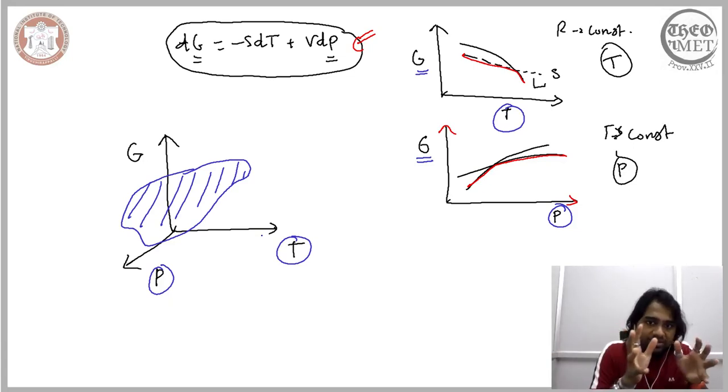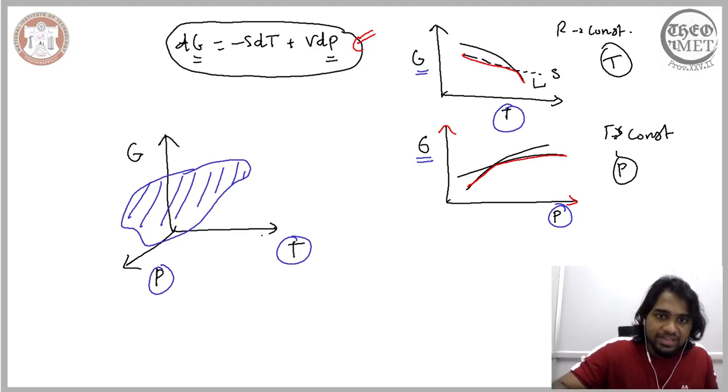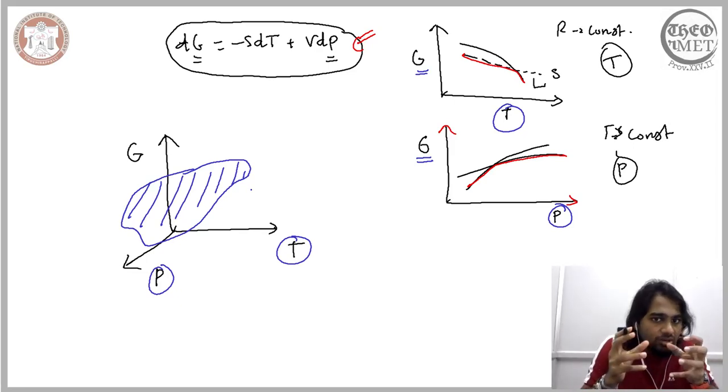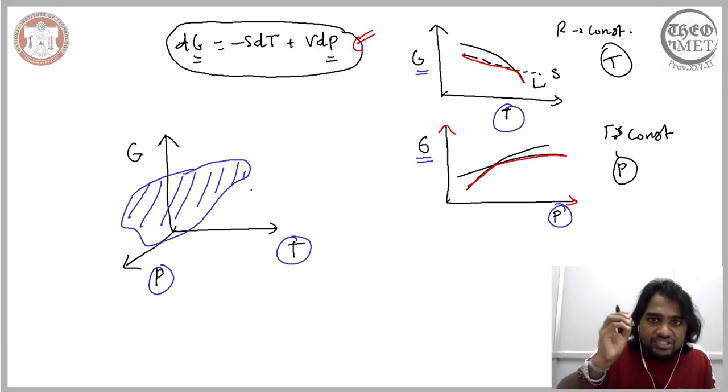The same remains true in three dimensions as well, because how Gibbs free energy is influenced by temperature and pressure is going to remain the same. So even in the three-dimensional representation, we need different curved planes to discuss how these two variables influence the Gibbs free energy for a given state of the system.